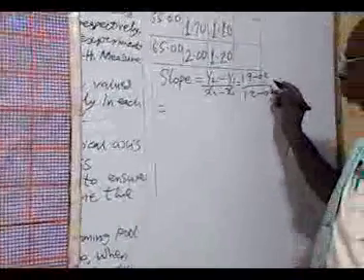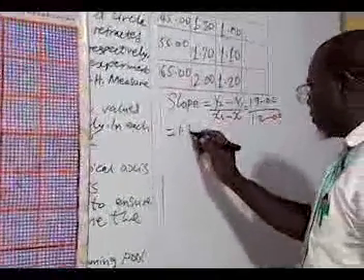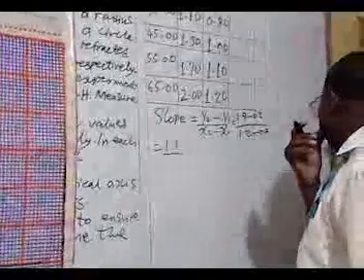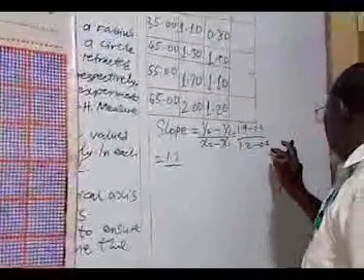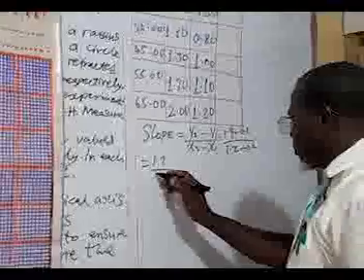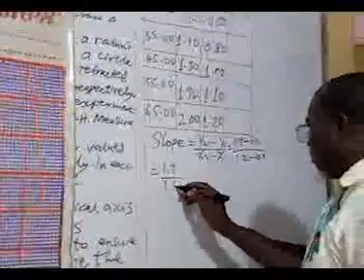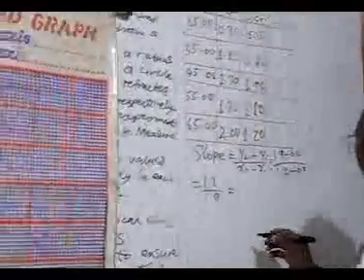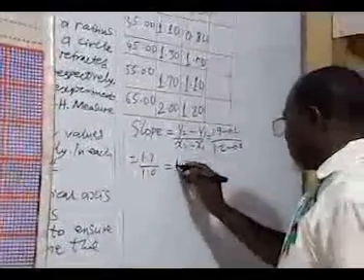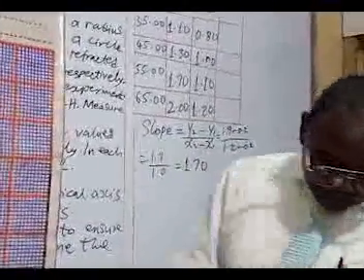So this will give us 1.9 minus 0.2, which is 1.7, over 1.2 minus 0.2, which is 1.0. So this will give us 1.70. That's our slope.